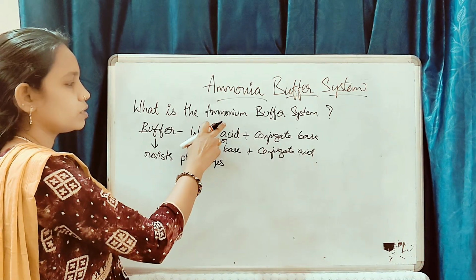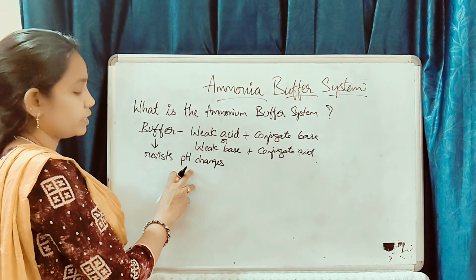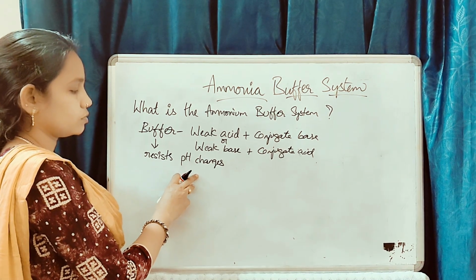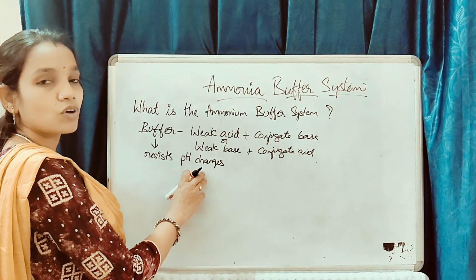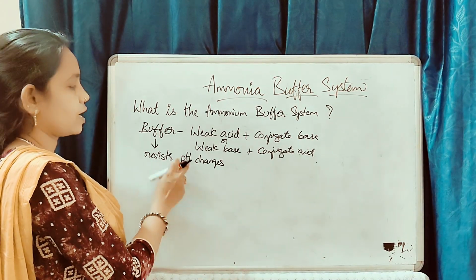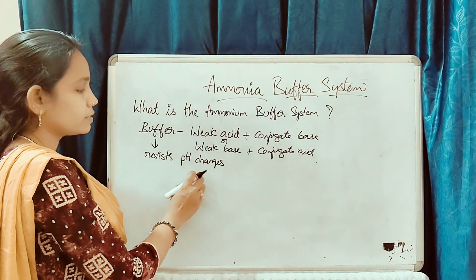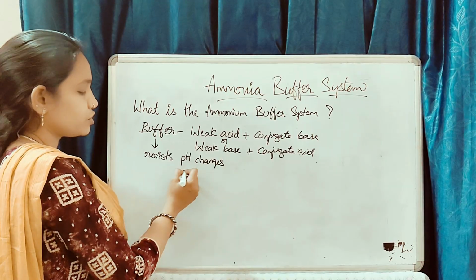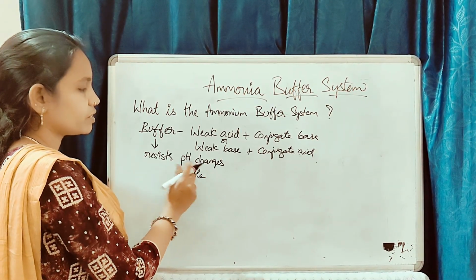If the pH is very low, the buffer will make it normal. If the pH change is very high, again the buffer makes it normal. Means the buffer keeps the pH stable. This is the function of the buffer.